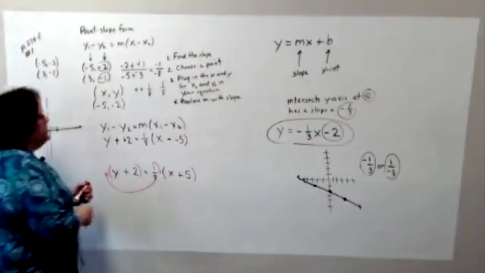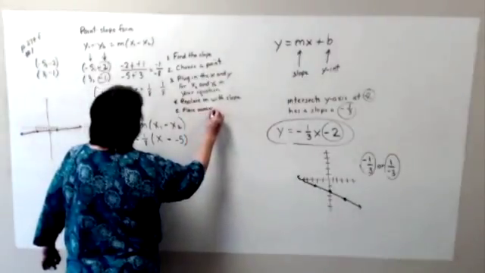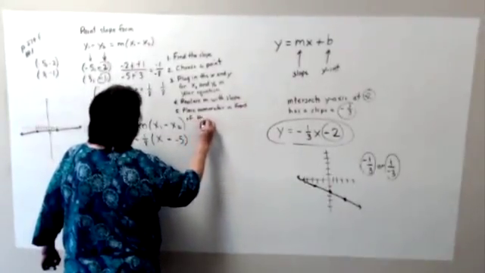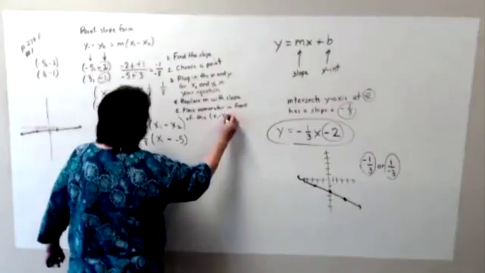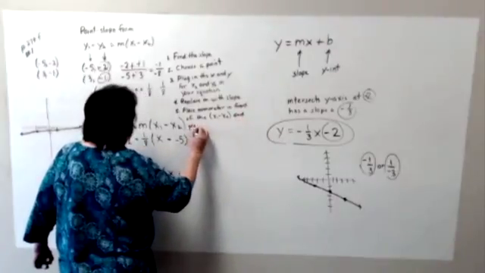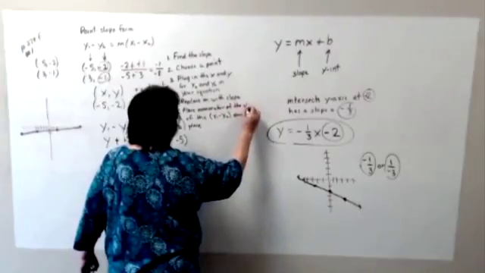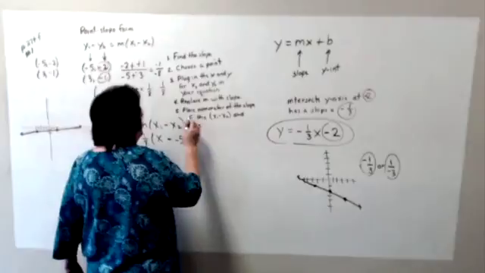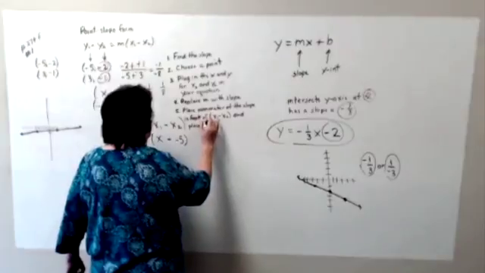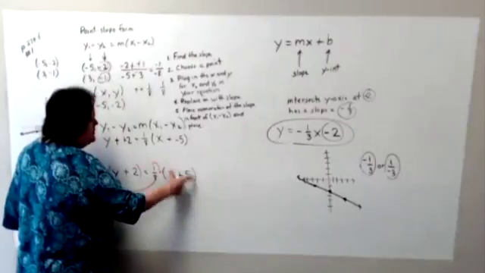So step 5 is place the numerator of the slope in front of your x1 minus x2, that's this one, right?